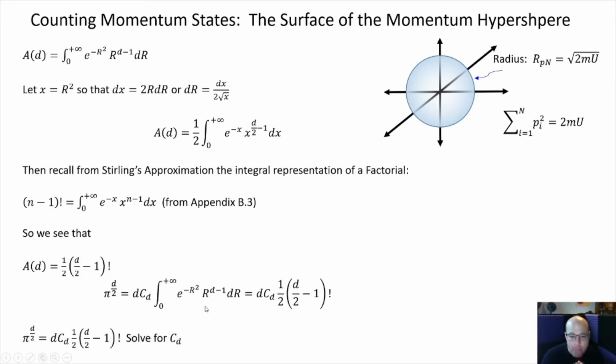So from here, we can go back to our integral and say that pi to the d over 2, which came from just concatenating a product of Gaussian integrals, is equal to d times c_d times this integral, which we now know is just A of d. So 1/2 d over 2 minus 1 quantity factorial, right? And so I'll erase the integral from there and set the pi to the d over 2 equal to this expression. And all we have to do now is solve for c_d, which is what we wanted in the first place.